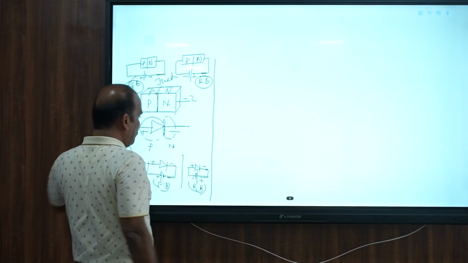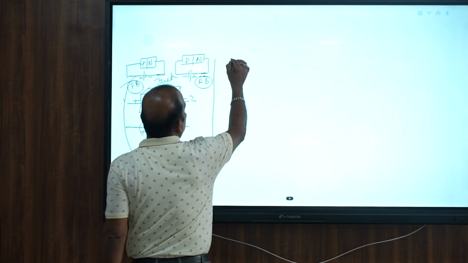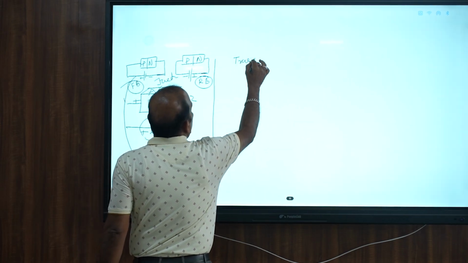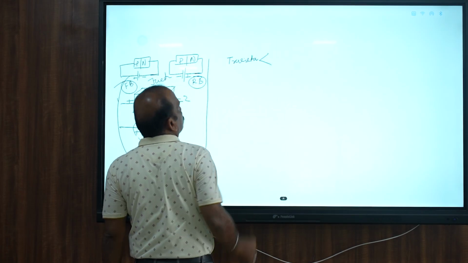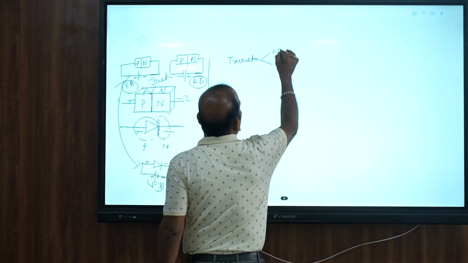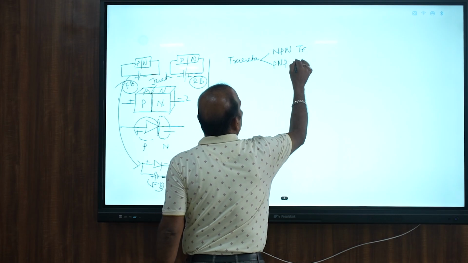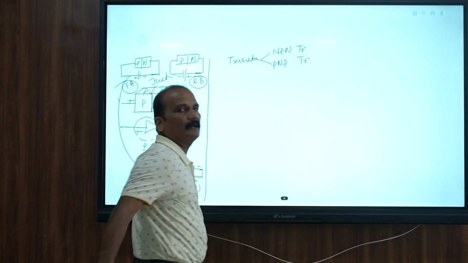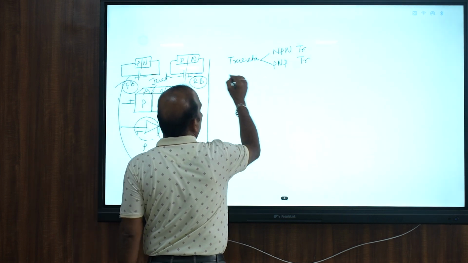Because the transistor has two types: one is the NPN transistor, another is the PNP transistor. What does it mean? We will understand systematically one by one.